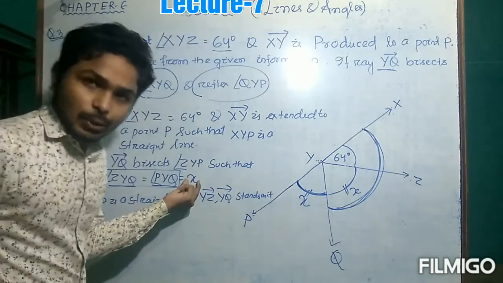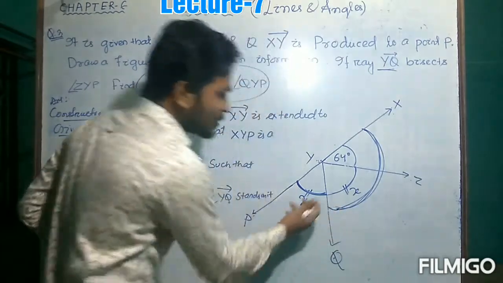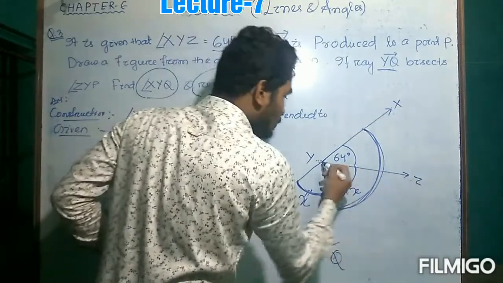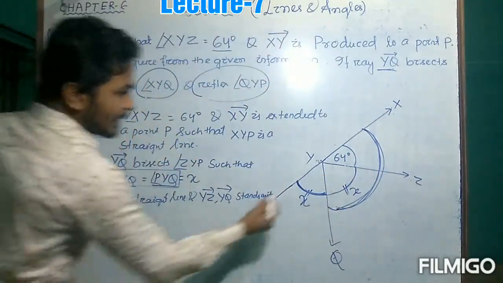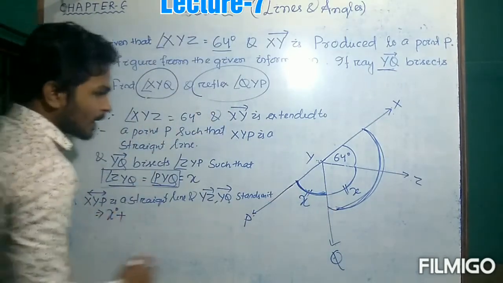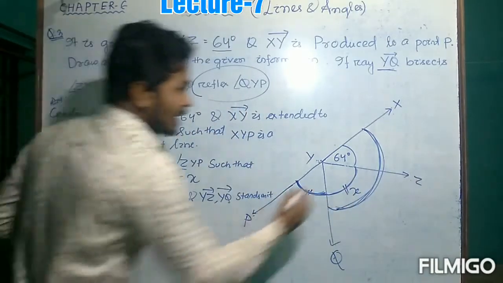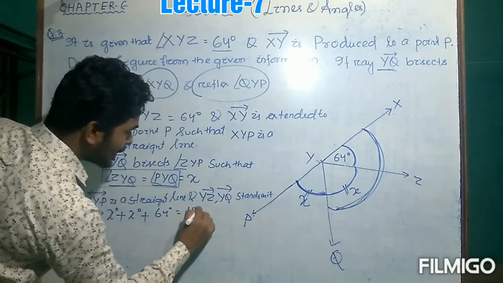For my convenience, I choose x degrees. Now, since it is a straight line and these are two rays, the sum of all these three angles must be 180 degrees. So you can write x plus x degrees plus this angle, 64 degrees, is equal to 180 degrees.